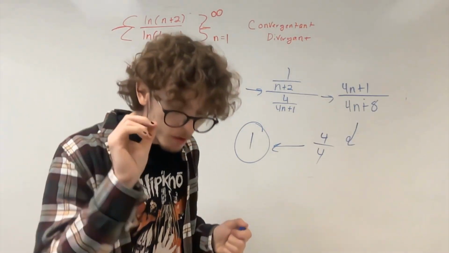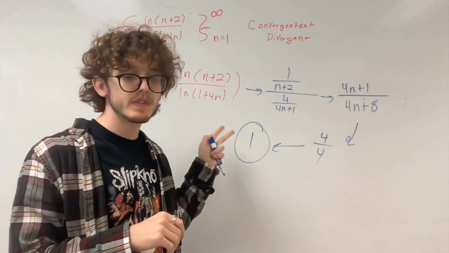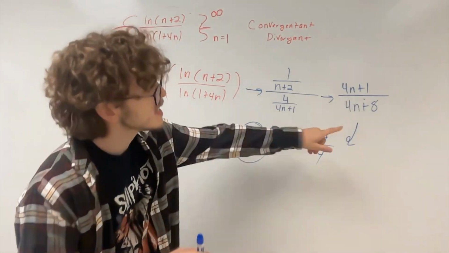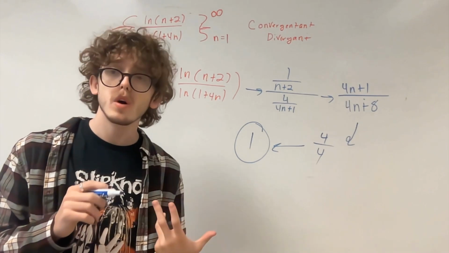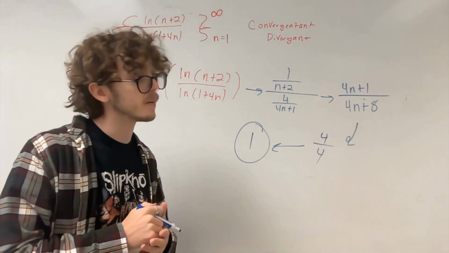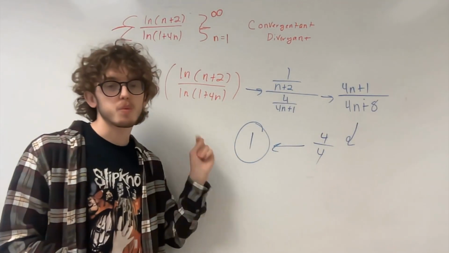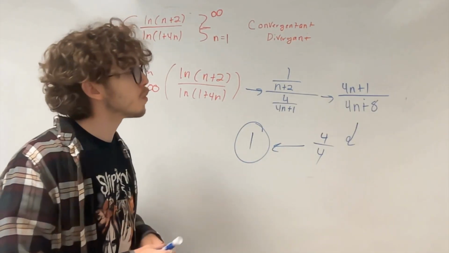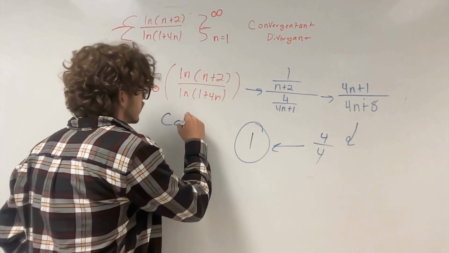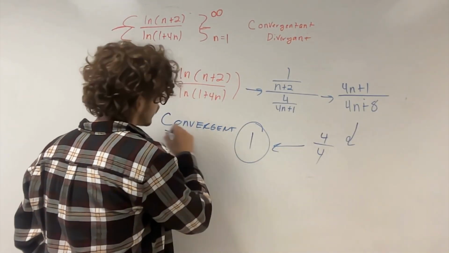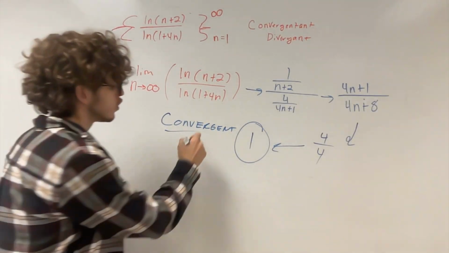If we have an indeterminate form, we are allowed to use L'Hopital's rule once again. We did that and found 4 over 4, which is 1. Given that this is 1, this is a convergent sequence, converging to 1 at infinity.